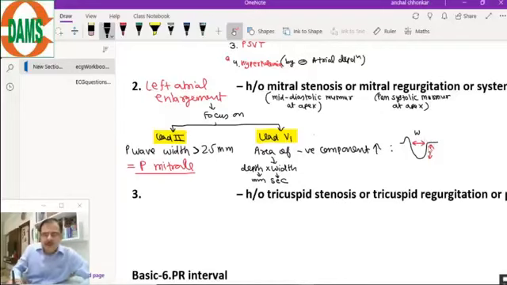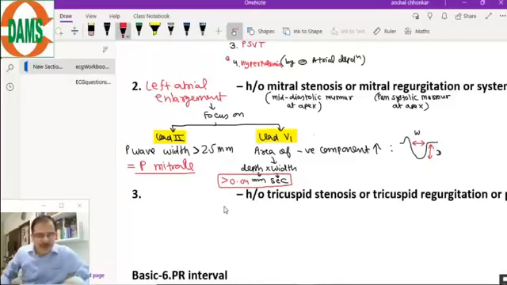So W is width, D is depth. I will multiply these two and I will get the unit in millimeter second. So this is the area of the negative component, and if it is more than 0.04 millimeter second, this is known as Morris index positive.